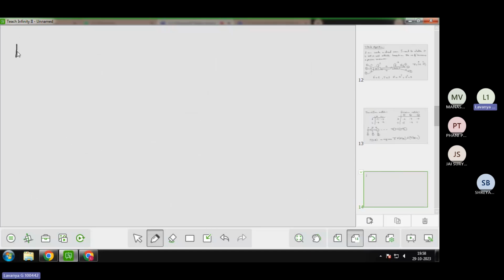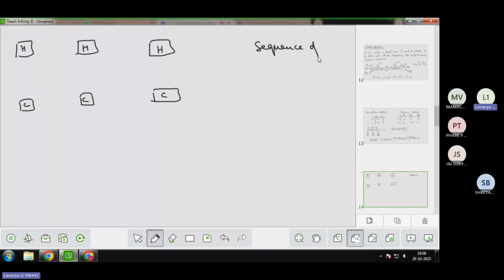So let me consider a sequence where I'm going to have hot, hot, and then again a hot. And then I'm going to have cold, cold, cold. That is, there are only two states, either it could be hot or cold. So I'm taking first day hot, second day hot, third day hot. That is, I'm going to consider a sequence of length 3.